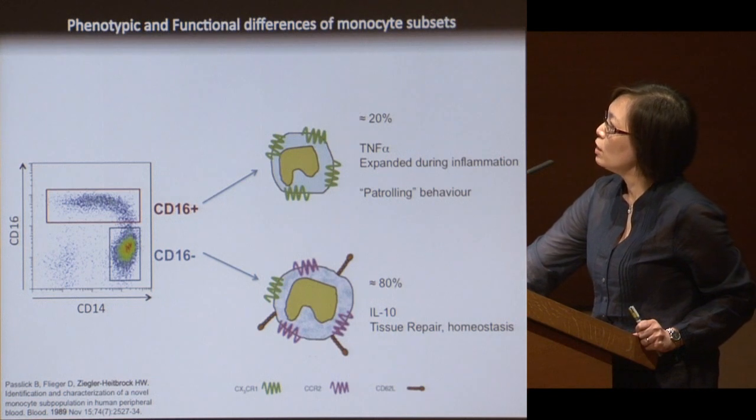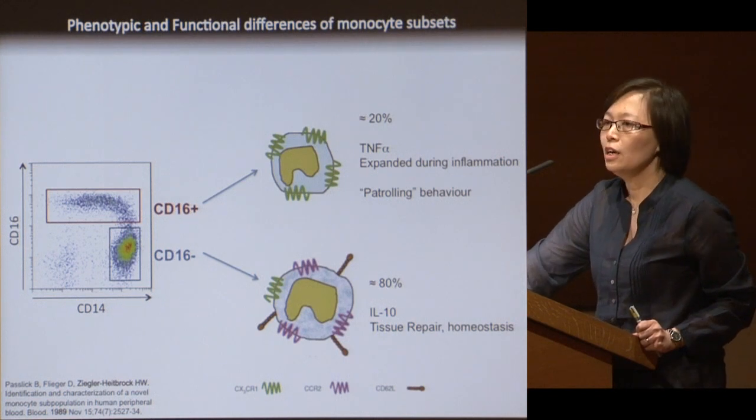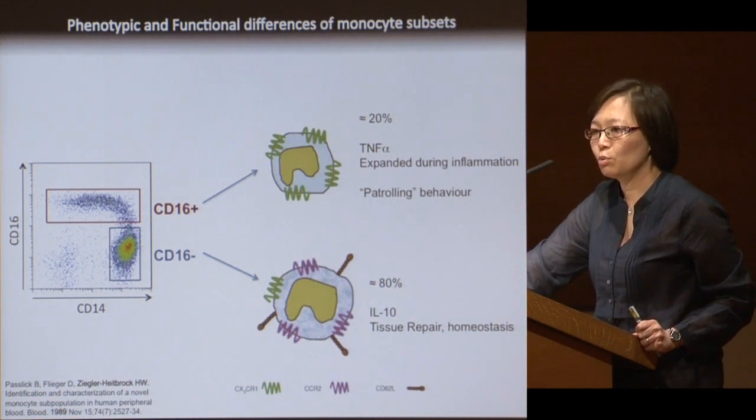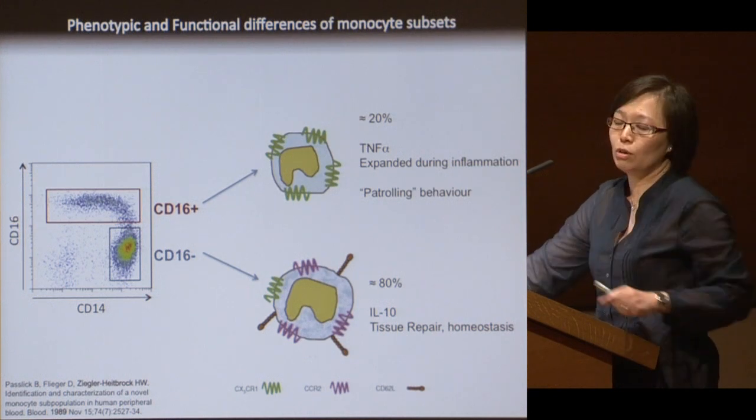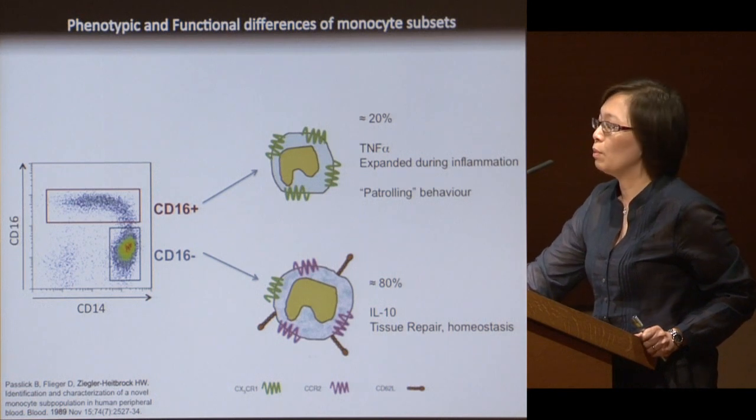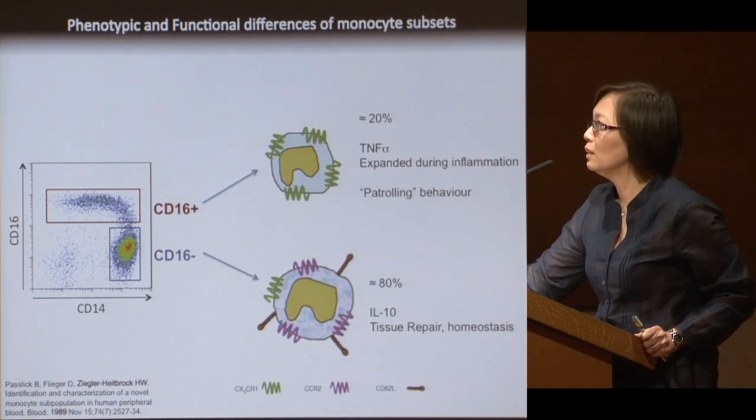So it is not surprising to see that this subpopulation has been described to be expanded during many types of inflammatory conditions, which I will also share with you later.